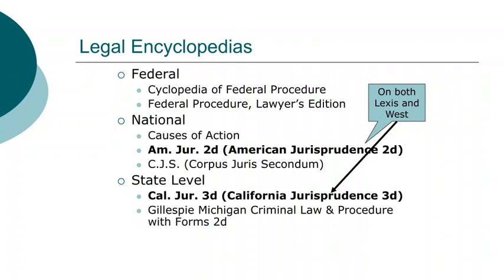They're not something that you would cite to, but a lot of secondary sources are not things you would cite to, right? A lot of these are published by West at this point, so a lot of these are just going to be on Westlaw. AmJur and CalJur are on both Lexis and West.